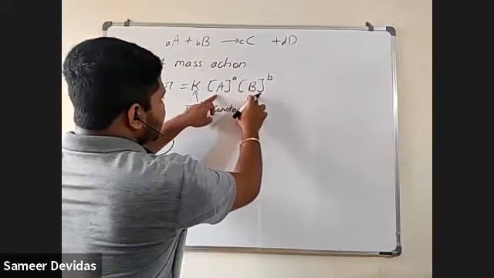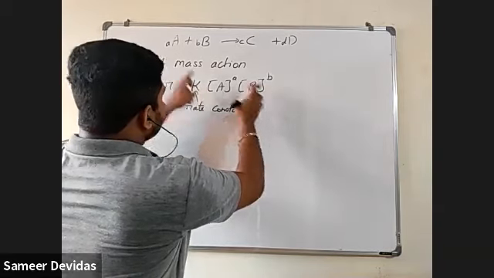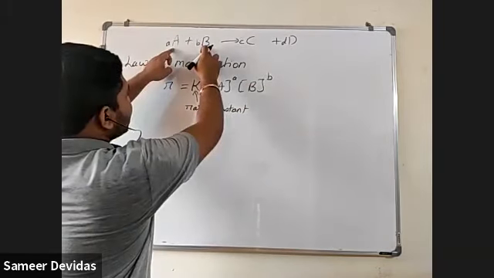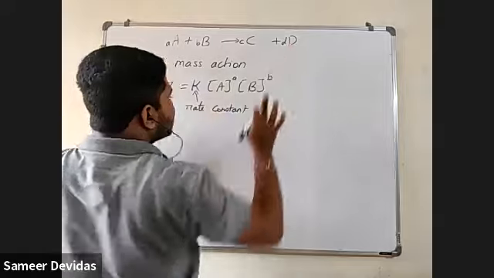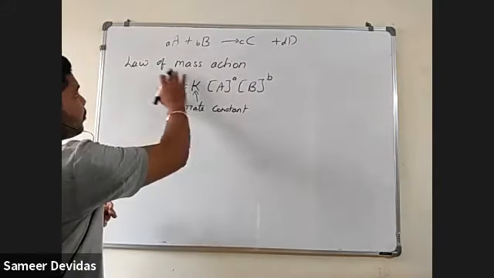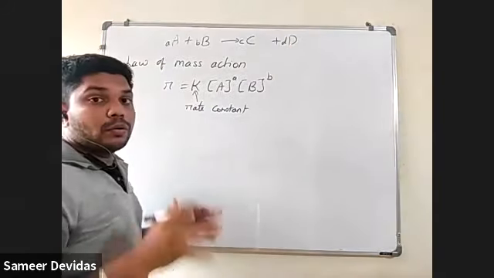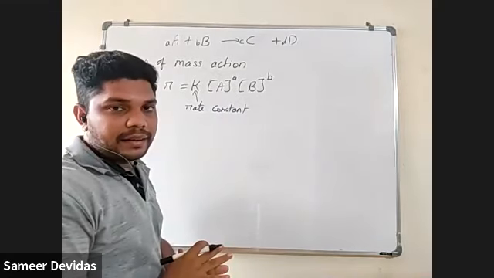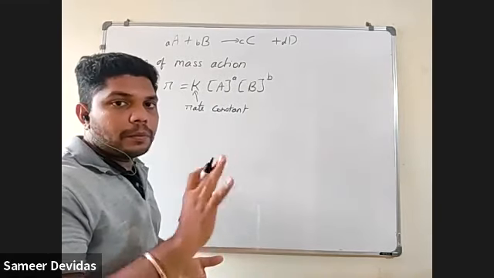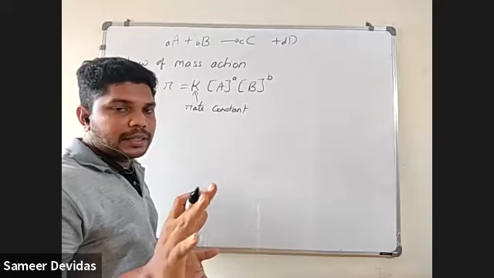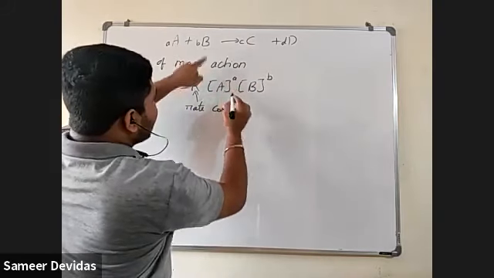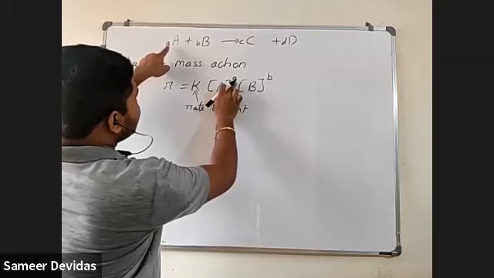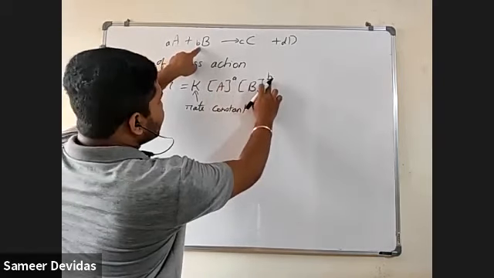Now A and B, if you see here, they have mentioned only for A and B, nothing for C and D. So the law of mass action talks only about the reactant side, not the product side. Is this clear? Yes, sir. Now they have written concentration of A, concentration of B, and on top, as the degree, they have written a and b.